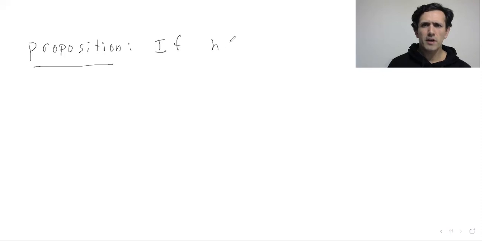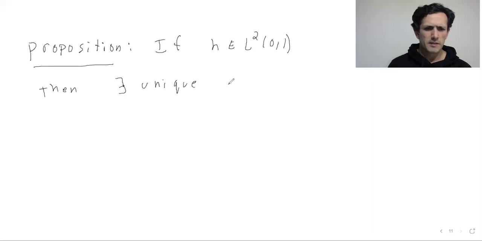So if H is in L2 of 0 to 1, then there exists a unique gamma in my Sobolev space W^{1,2}.